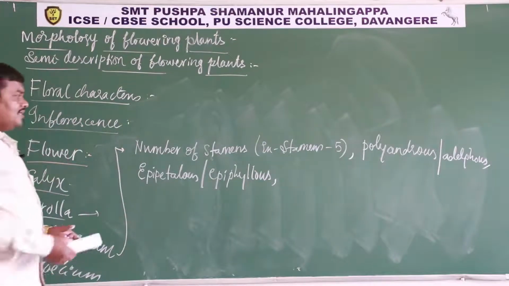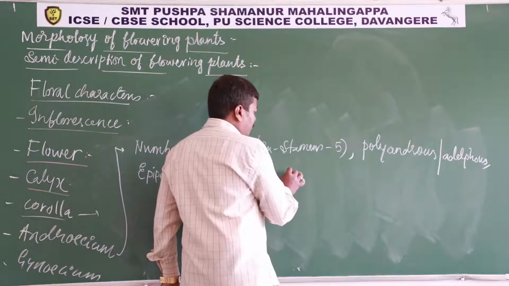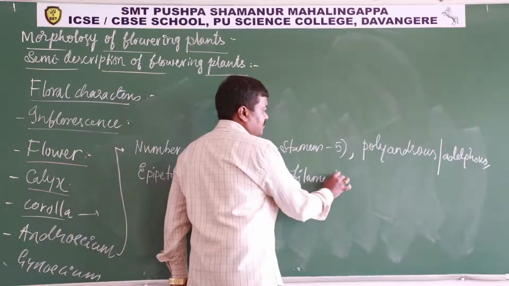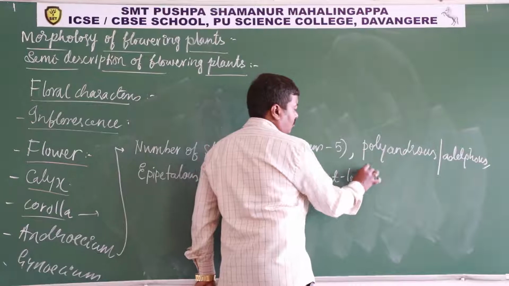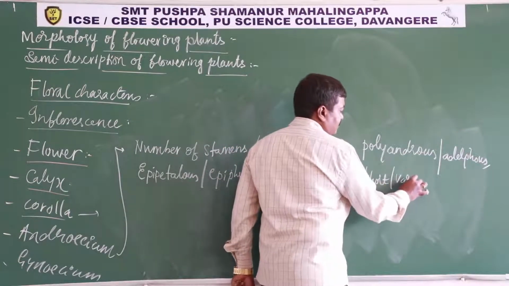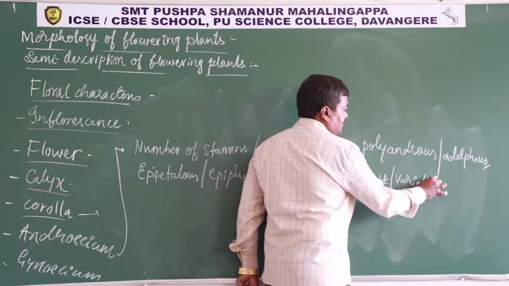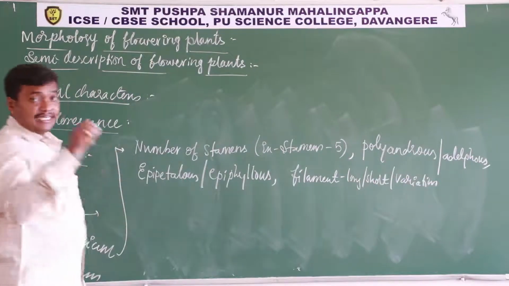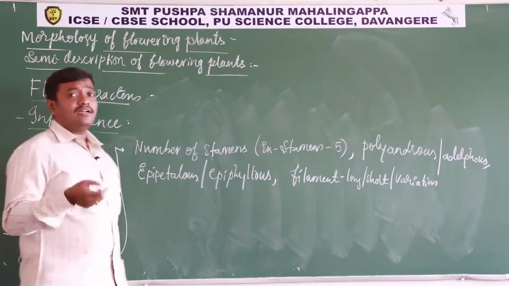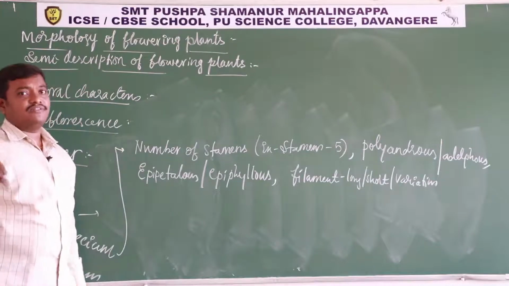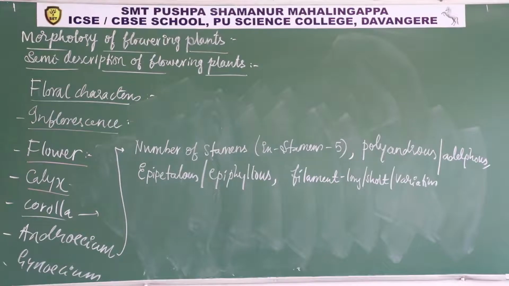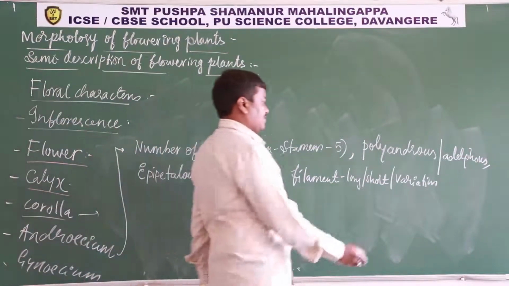Then about the filament: whether the filament is long or short or has any variation. In some plants there will be a variation in filament length. Suppose 6 stamens were there, 4 filaments long and 2 short, or 2 long and 2 short. If any such condition is there, you need to mention it under filament.